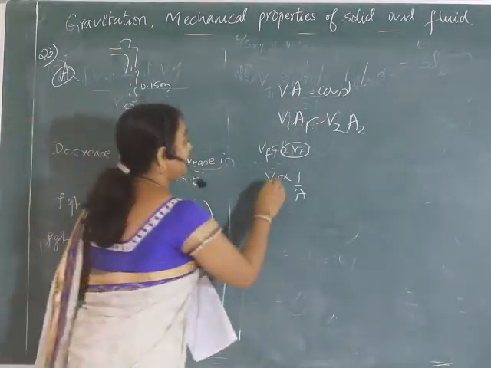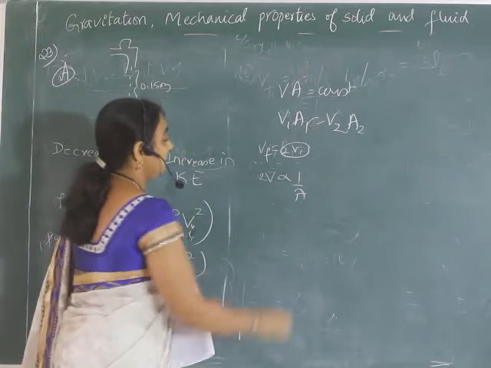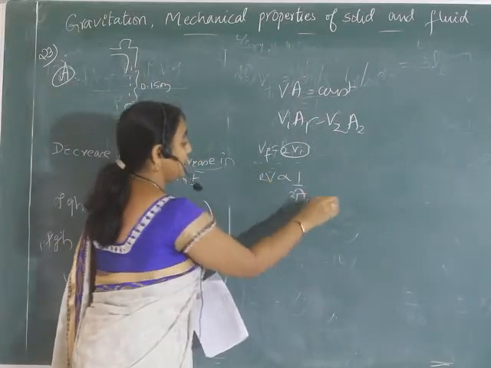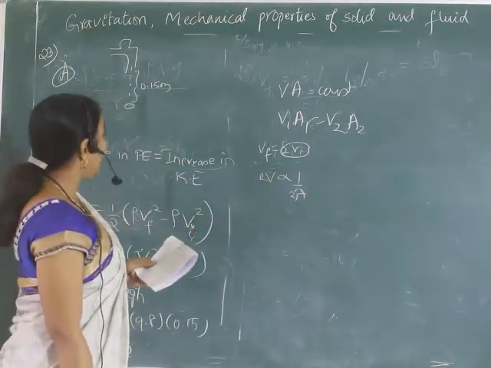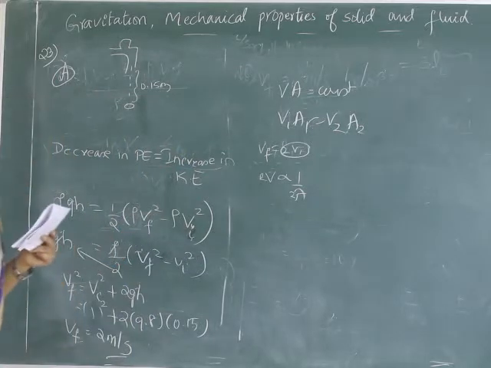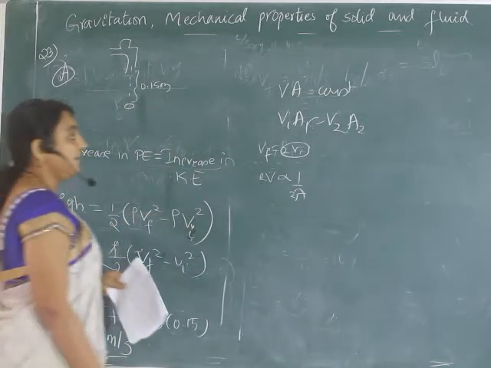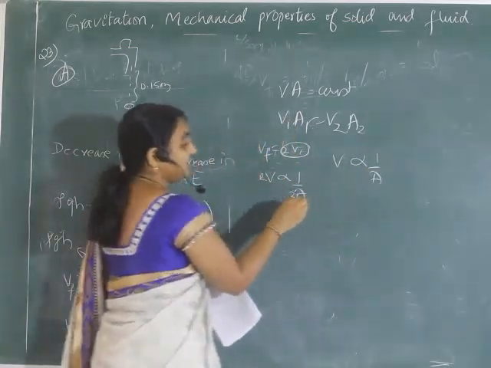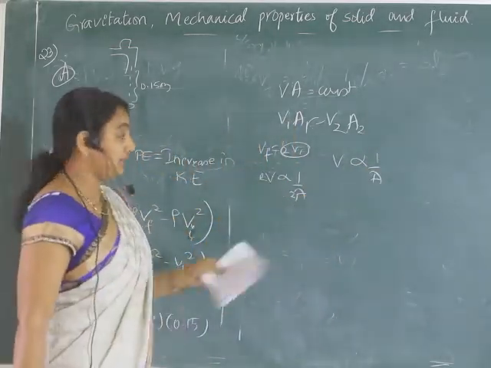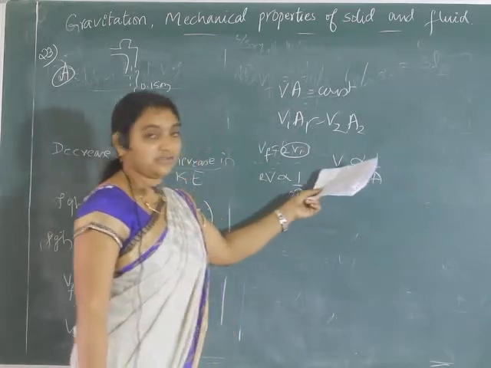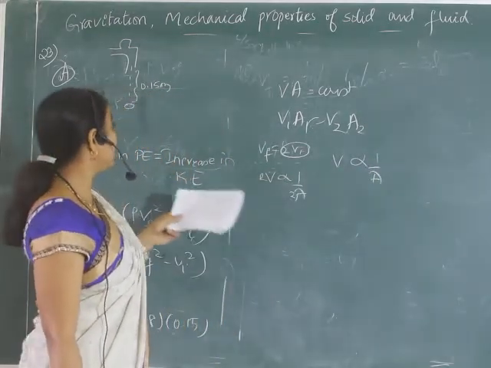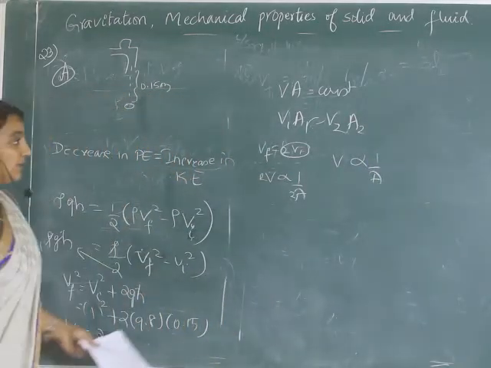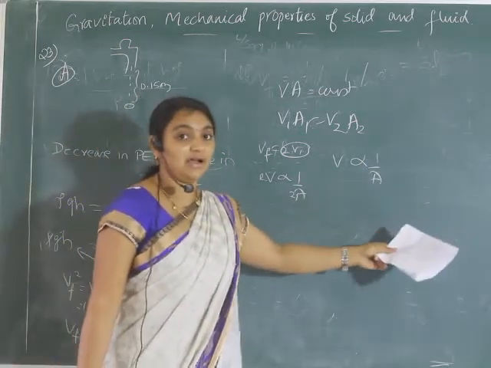So as V increases 2 times, area will decrease by half. So half of the original area it will be. Velocity is inversely proportional to area. As area increases, velocity should decrease. Now velocity is increased by 2 times, then area should decrease by half.